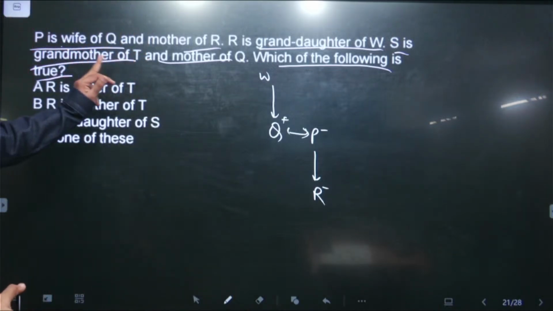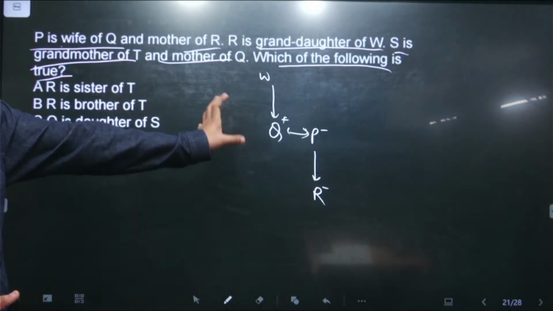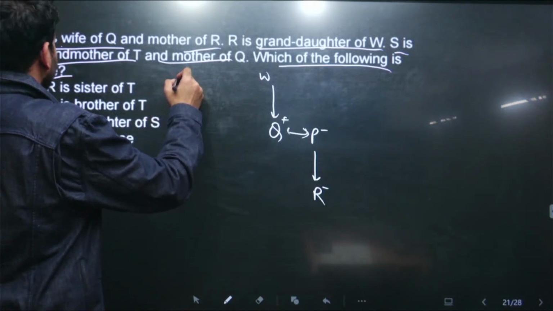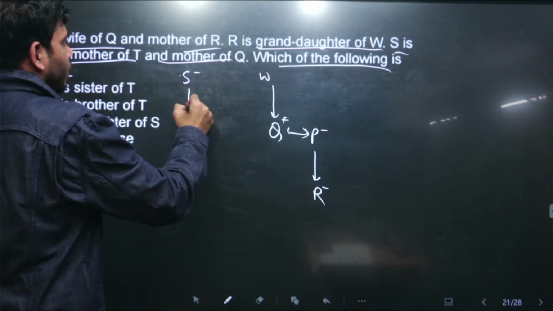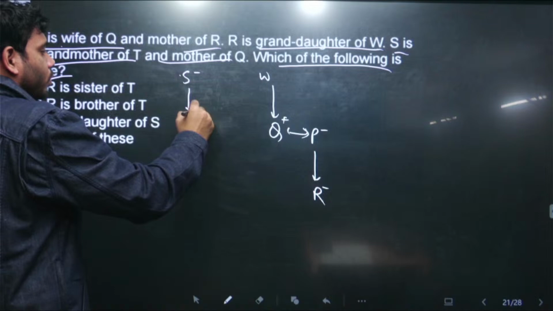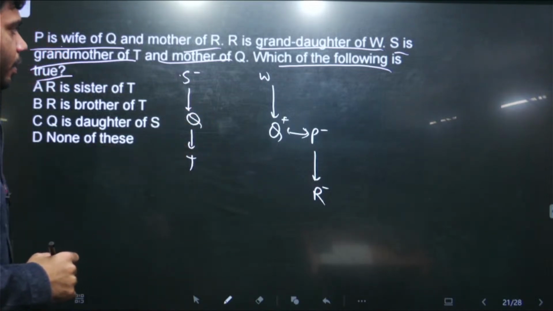And S is the grandmother of T. Now S and T are not there, so we'll make a different family chart. S is the grandmother of T and mother of Q, right?